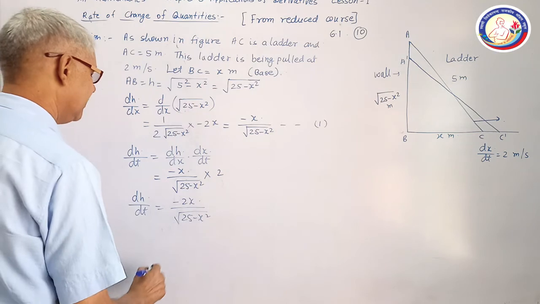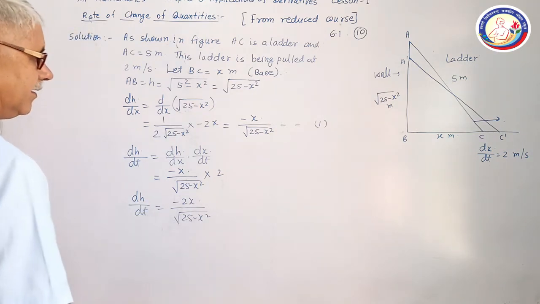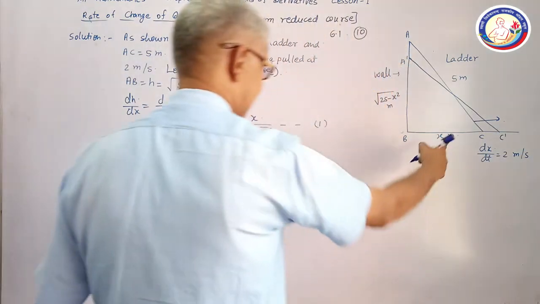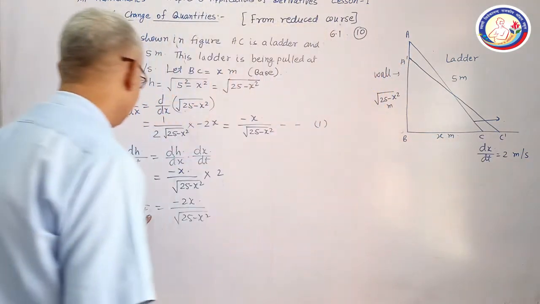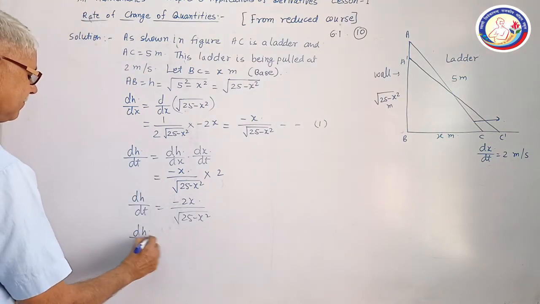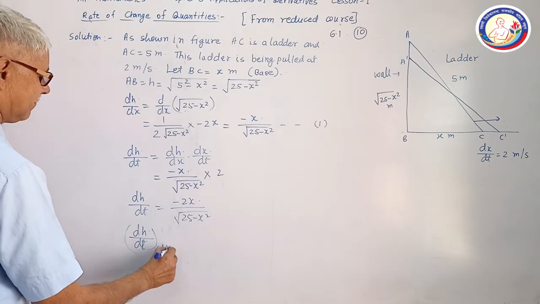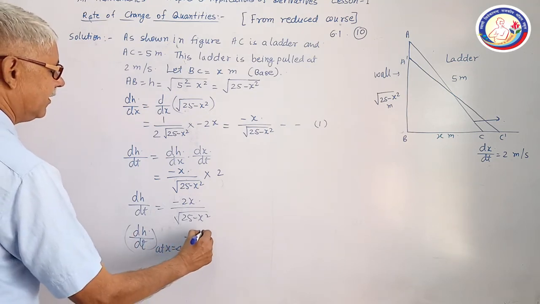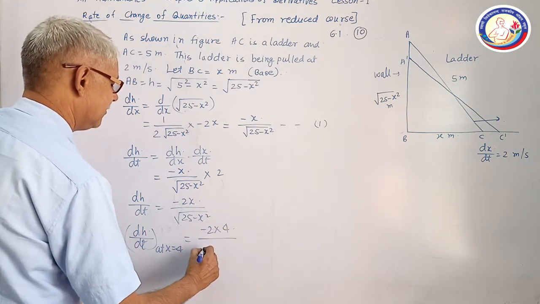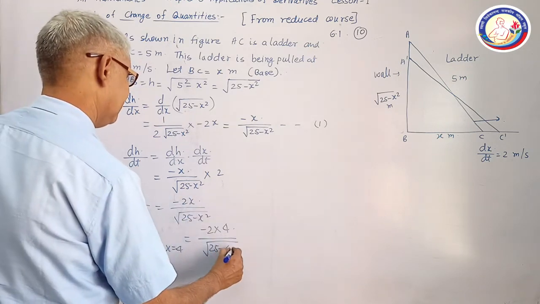On further solution, we have to find it when the end is at 4 meters distance from this wall. So its value at x equal to 4. Put here 4, you will have minus 2 into 4 divided by square root of 25 minus 4 square.